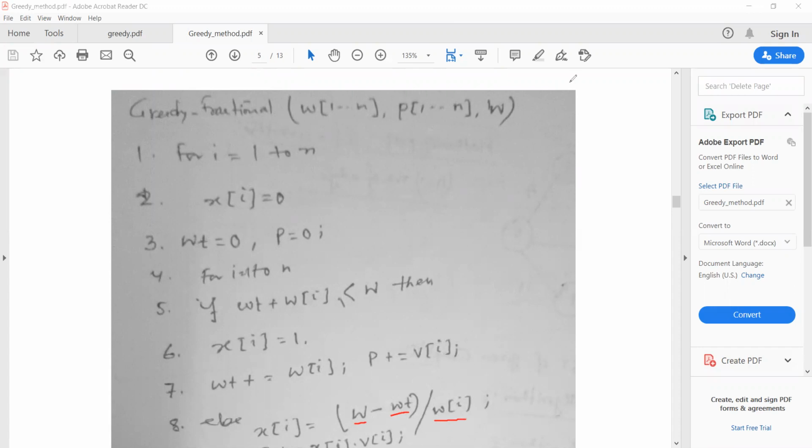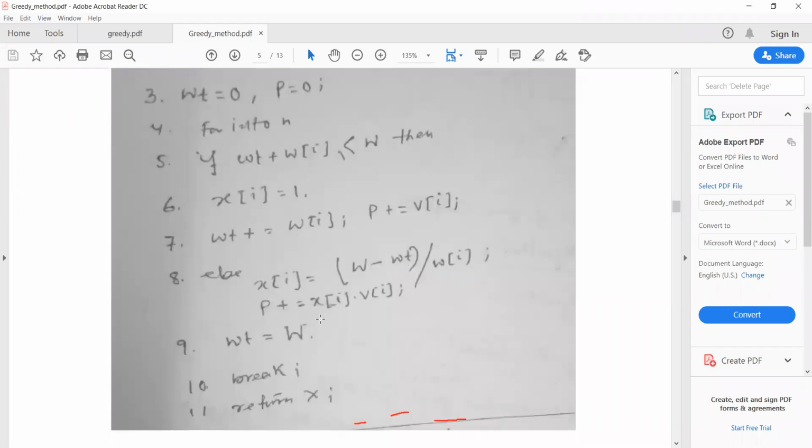That becomes the fraction, and you need to calculate the profit, and the profit will be P plus equals Xi times the corresponding item profit. If you make a product of it, that is the last example. You have a maximum weight of 5.